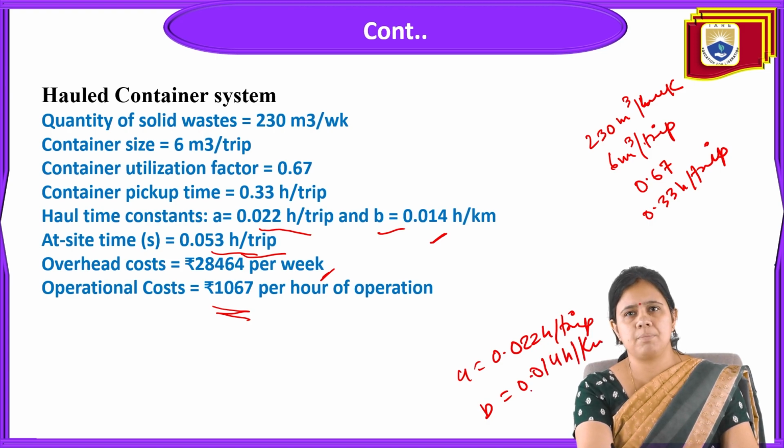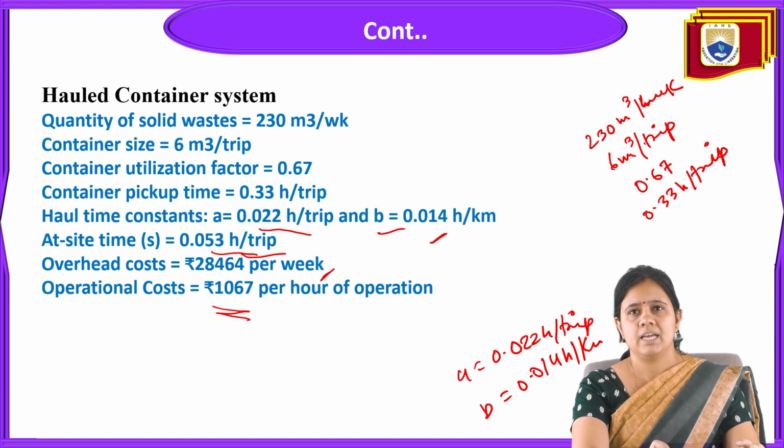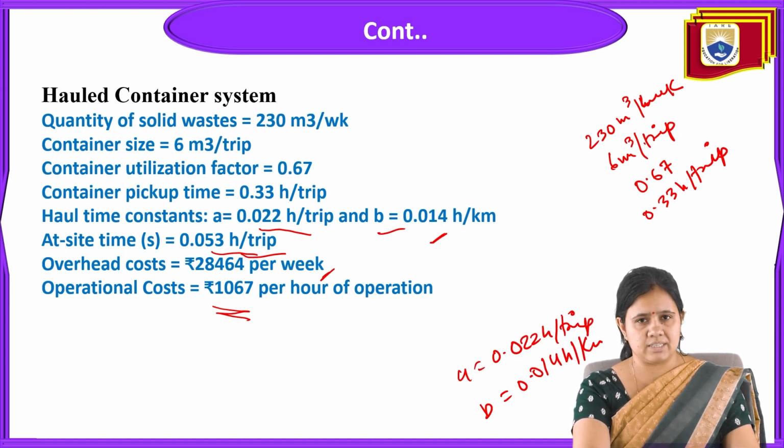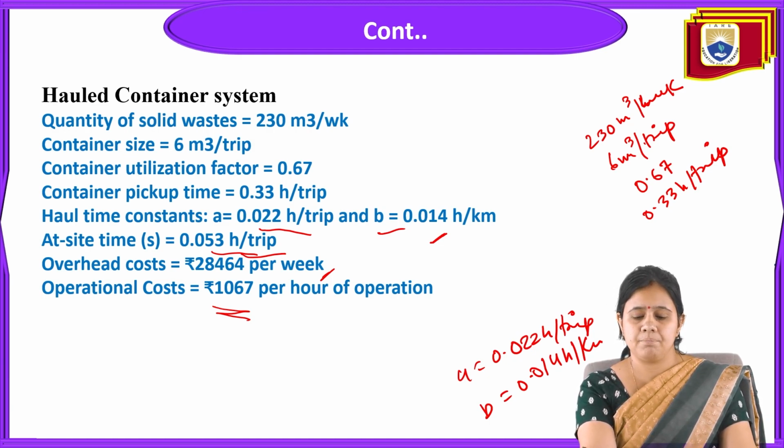So A and B have been given, and the at-site time is the time utilized on site while hauling the container, picking up the container, or handling the empty container. For all these things the time required is 0.053 hours per trip.